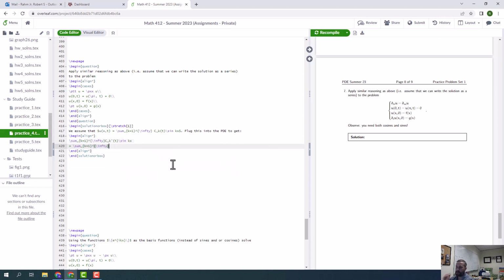This is why we like to use the sine basis, because when I take two derivatives of sine, I'm going to get a multiple of sine back. So this is c_k prime of t. The double derivative of sine is minus k squared sine kx. You do one derivative, you get k cosine kx. You do another derivative, you get minus k squared sine kx.